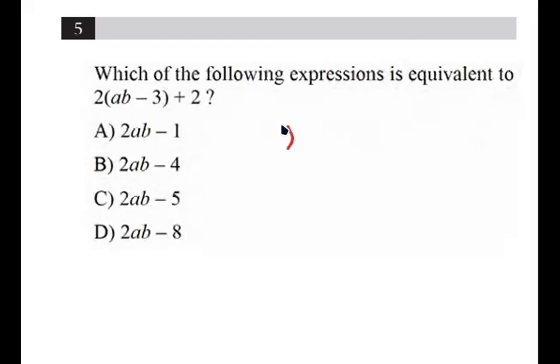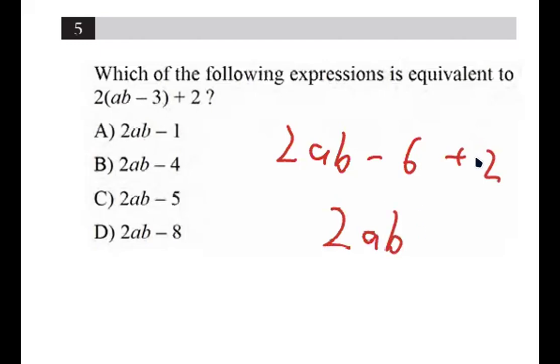So this would get us 2ab minus 2 times 3 is 6 plus 2. 2ab minus 6 plus 2 is just 4, so minus 4, which is answer choice B.